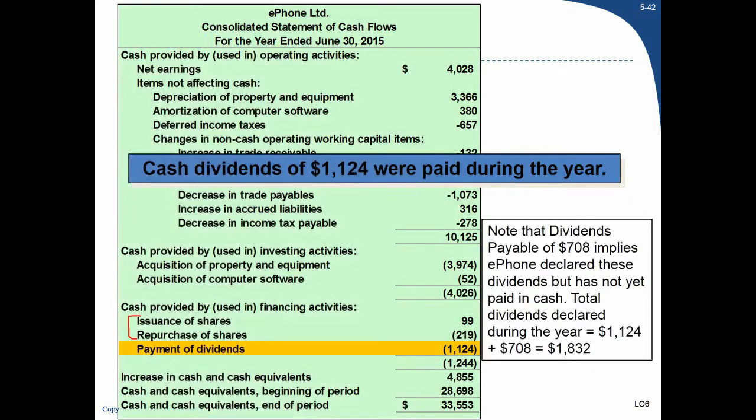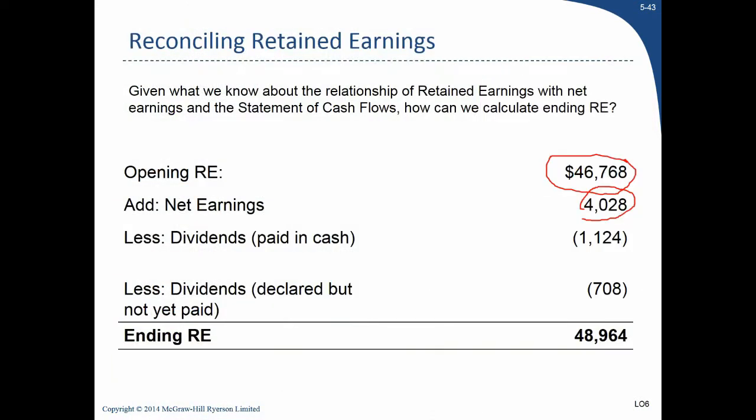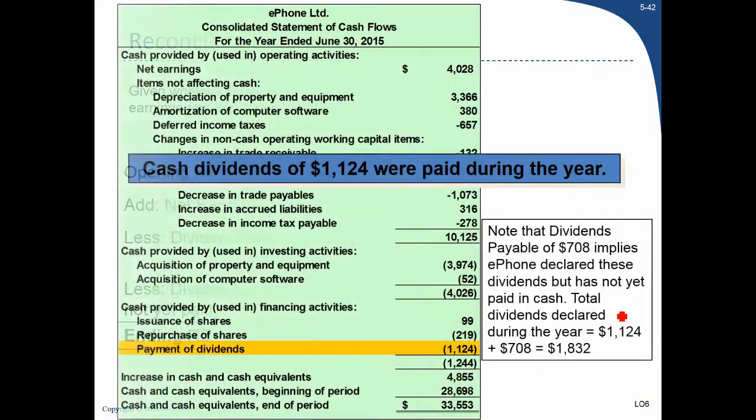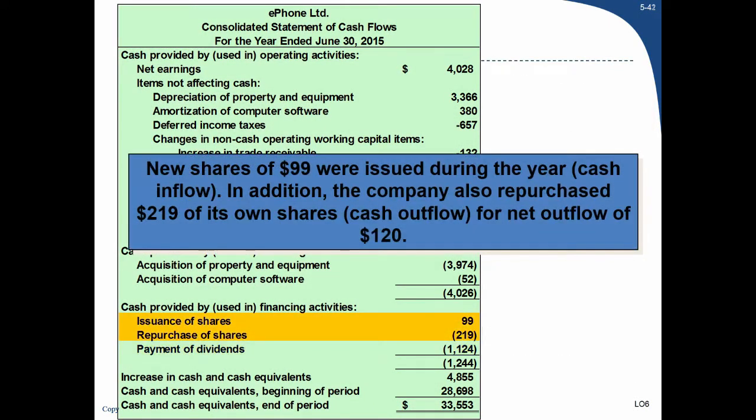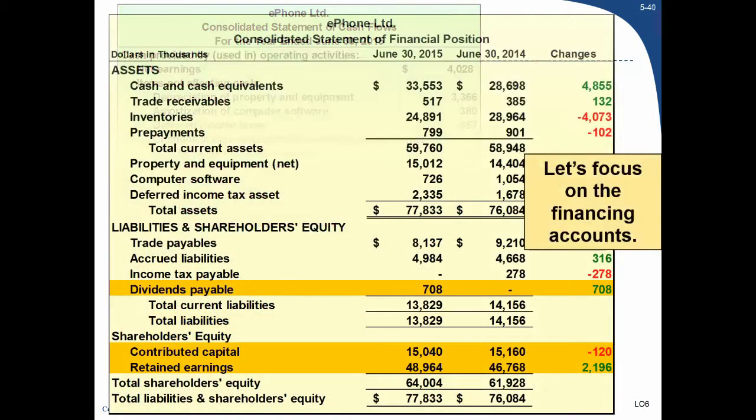The $40.28 is just right from here. And we subtract, okay, we have 708 dividends outstanding. And we know that our ending retained earnings is $48,964 because we can see that here.